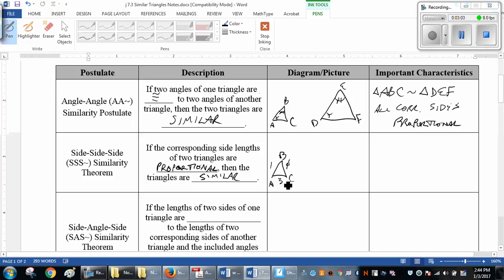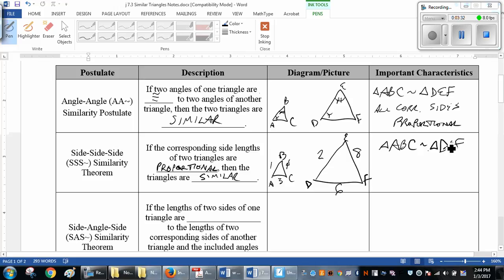If we take that and now look at DEF, if they have the same scale factor, let's say we multiply each of these times 2, then this would be 1 times 2, back side could be 2, 4 times 2, 3 times 2, and there we go. So there's another triangle. We can then conclude that these triangles are similar, and everything we know about similar triangles is true.